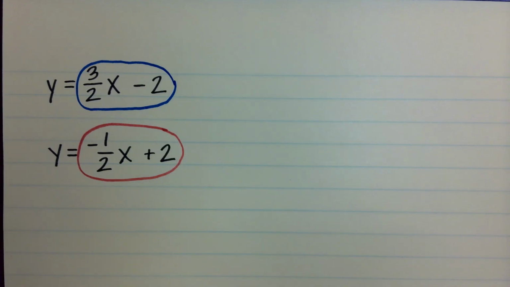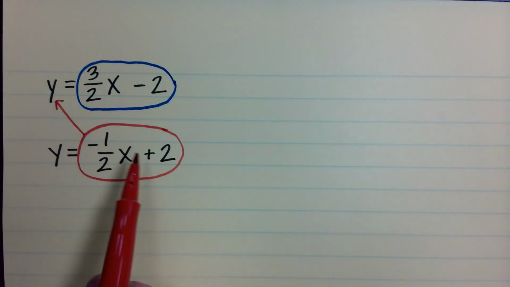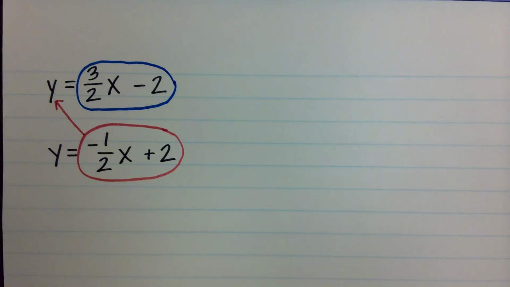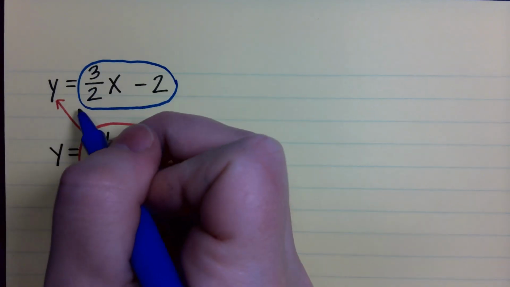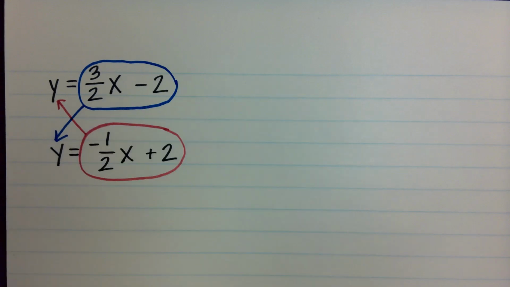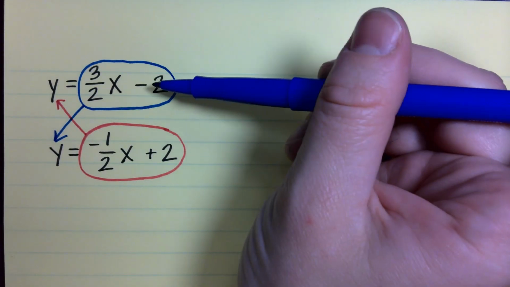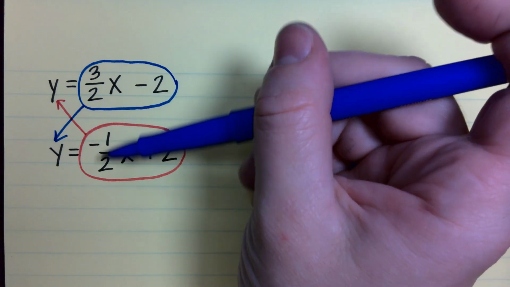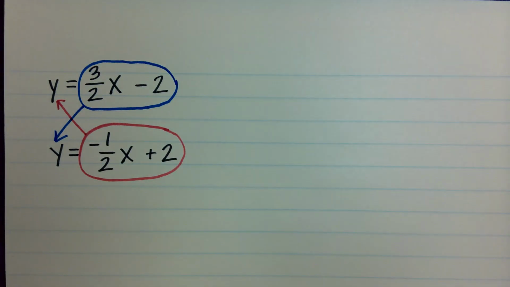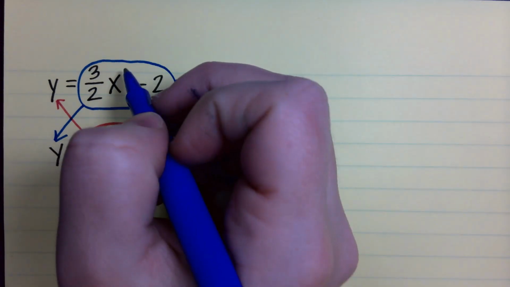I can either replace the y in the first equation with this, or I could replace the y in the second equation with that. Really all I'm doing is setting 3/2 x minus 2 equal to negative 1/2 x plus 2. We're getting rid of the y so we can solve for x first, okay? So either way, you're going to get the same answer. Let's just go top to bottom, left to right.